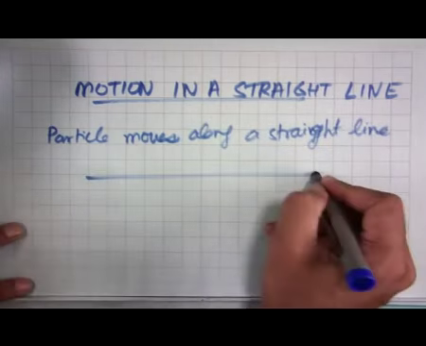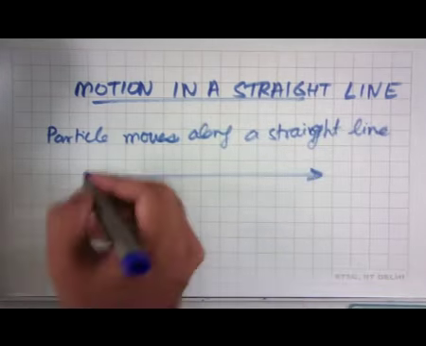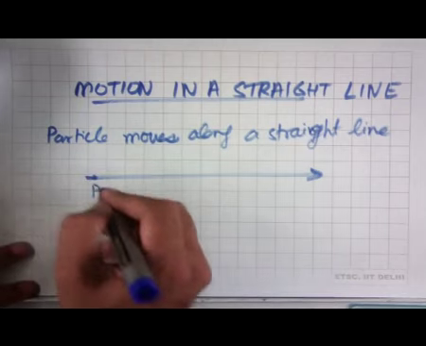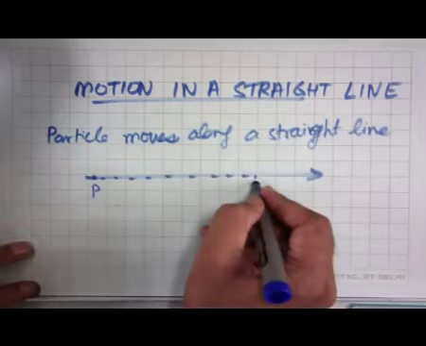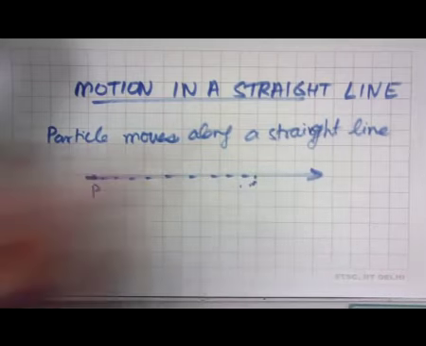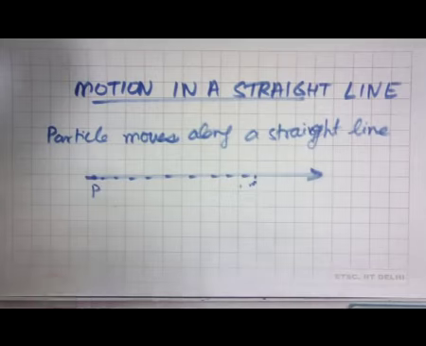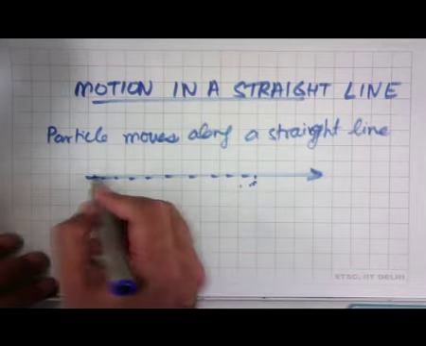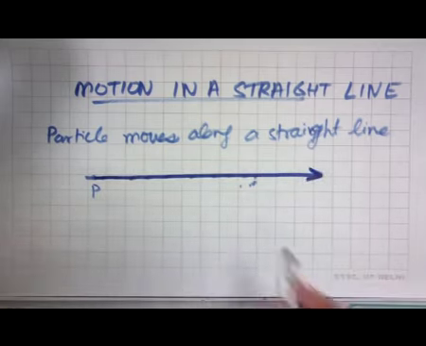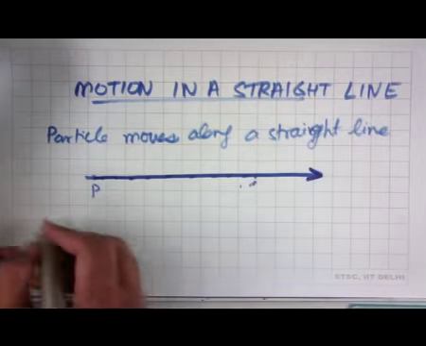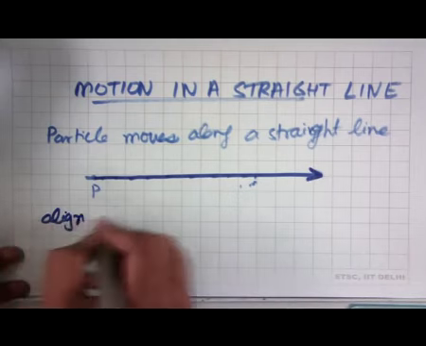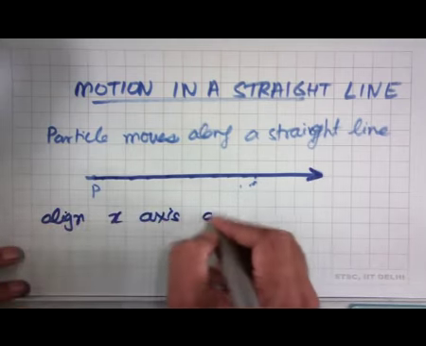So, we have some line like this, we have a particle which we say is P, it moves at different locations. Now, it need not move forward only, maybe after some time it can recede along its path. So, this is the particle P which is moving along a straight line. Now, what we can do is we can align the x axis along the straight line.